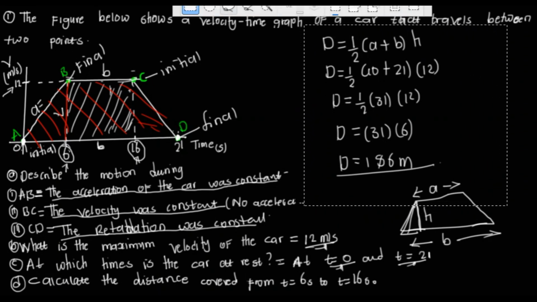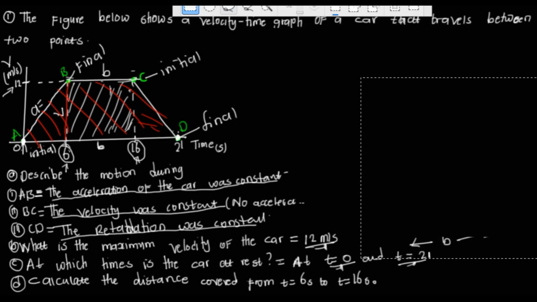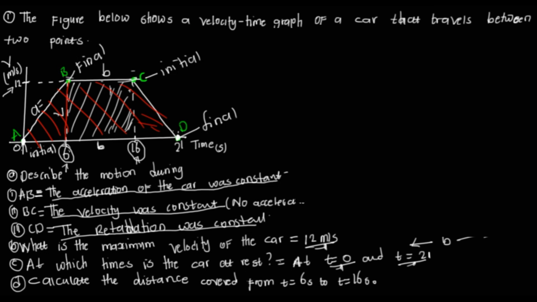Then we can also find the total distance by finding the distance for each shape according to the diagram. So let's find the distance between point A and B. Here we can see that we have the shape of a triangle. So the distance is half b h. From the triangle, the b is the base, the h is the height.